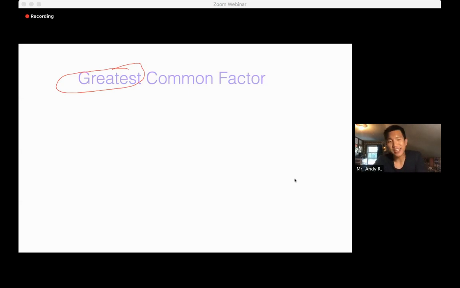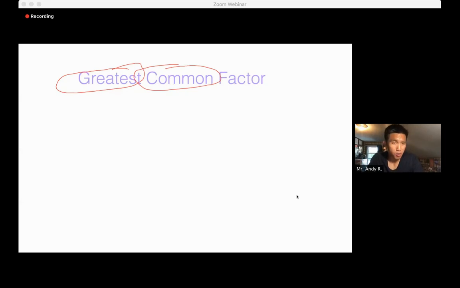Biggest. It means biggest, largest, the highest number. It means the most. And then what is common? What does common mean? Common means like alike, the same, something relatable, related.